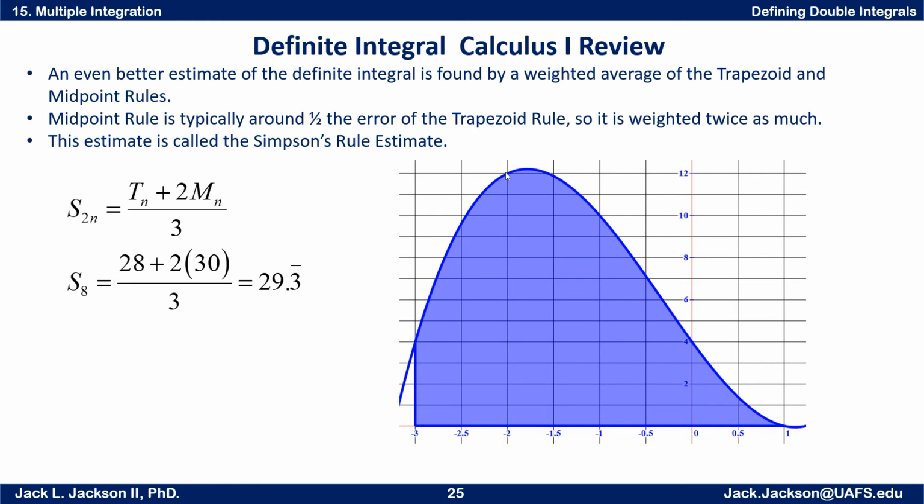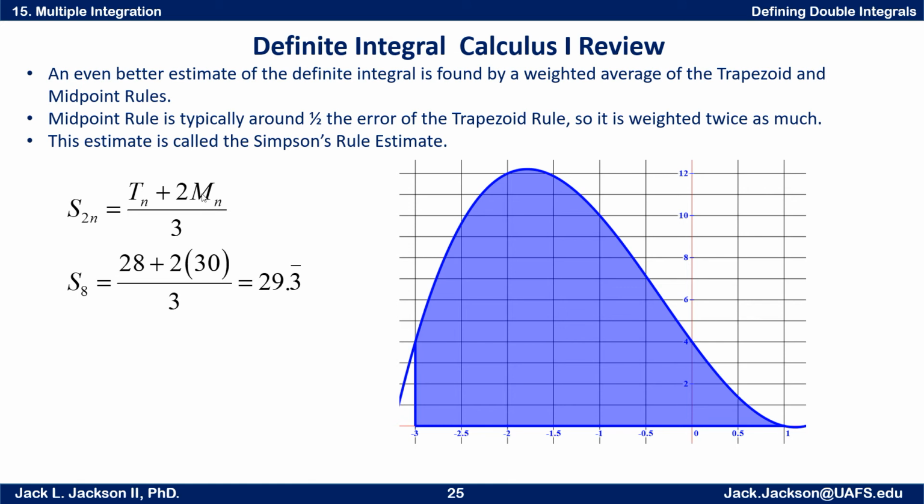The y values here, here, and here. But some people will think of that as being 2 intervals, but you treat the left and right sides differently. So in any event, most books will call this Simpson 8, when the way I'm thinking of it is 4 intervals. But in any event, you average it that way.